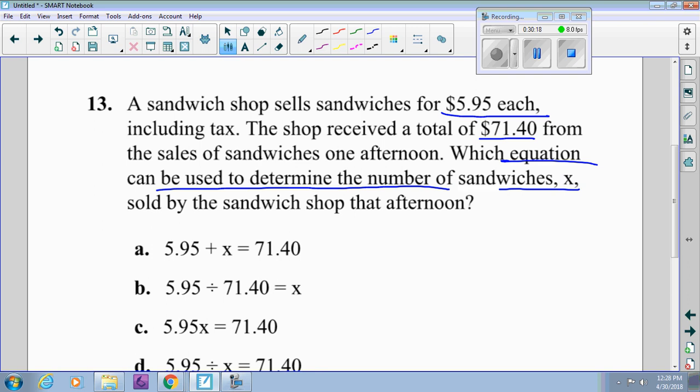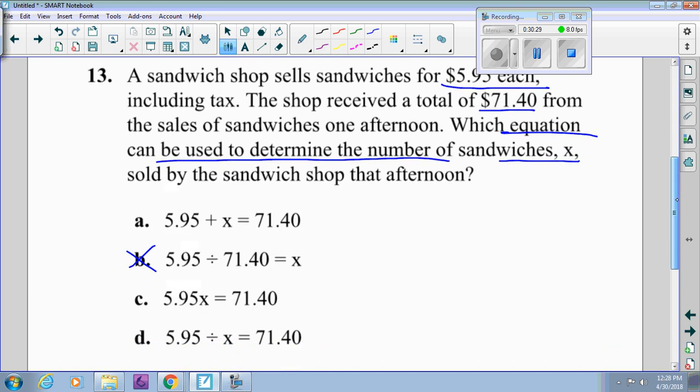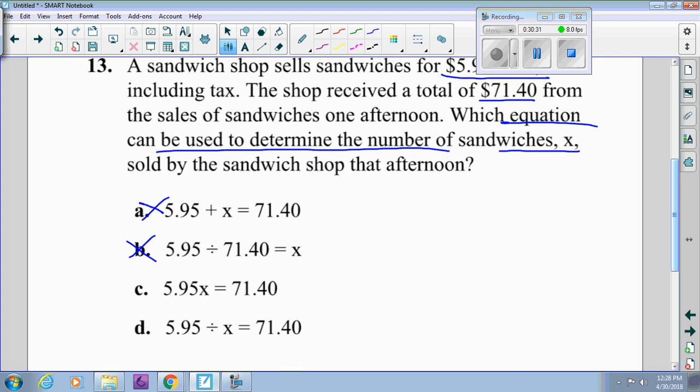And now you're going to look and say, oh, you're taking $5.95 and dividing it by 71. No, that'd be like if they made $5 and they sold each sandwich for $71. That'd be insane. This one they're adding. That's not what we want. And this other one that shows division is going to trick a lot of kids, choice D. But the correct answer is choice C here.